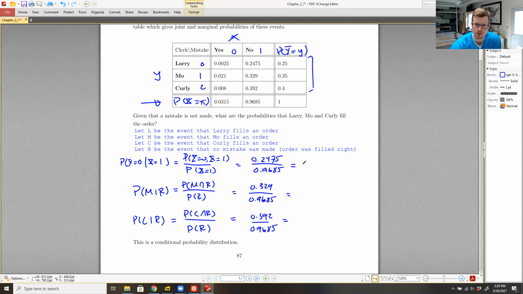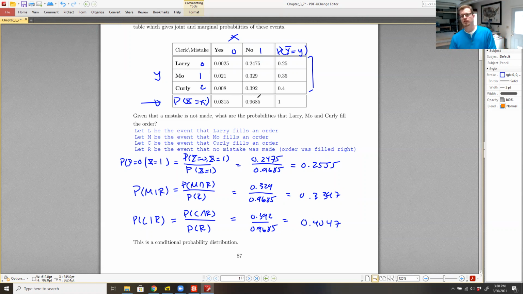If we go ahead and do that, we find 0.2555, 0.3397, and 0.4047. So we get these three probabilities, and those are all the possible values for no mistake being made: Larry, Mo, or Curly.